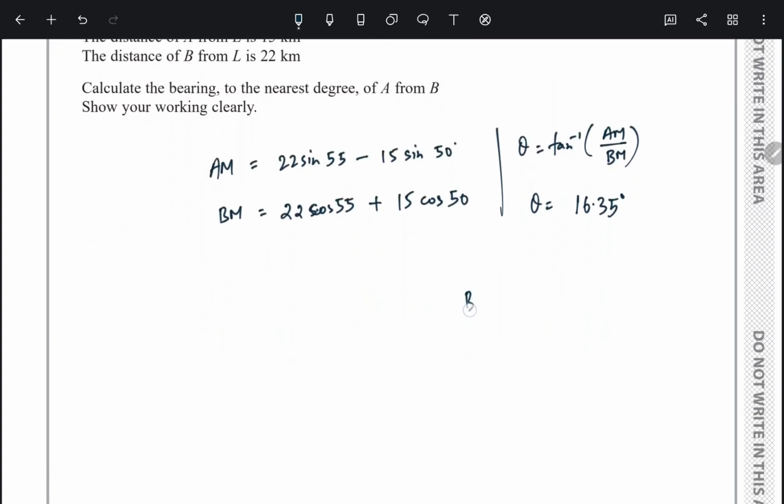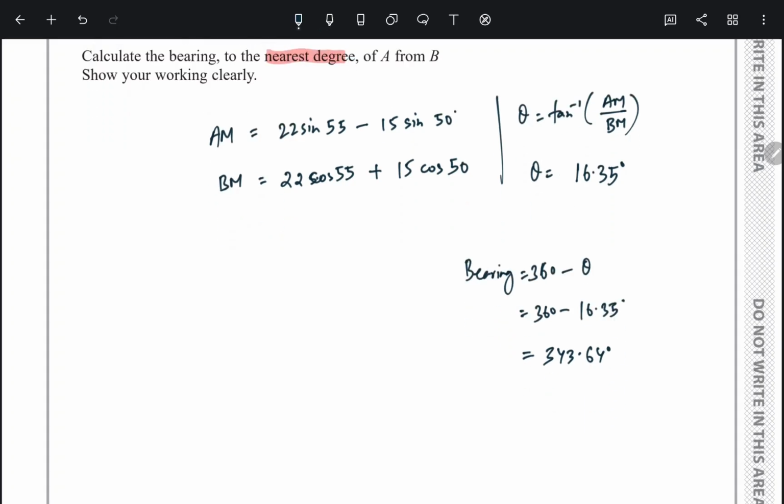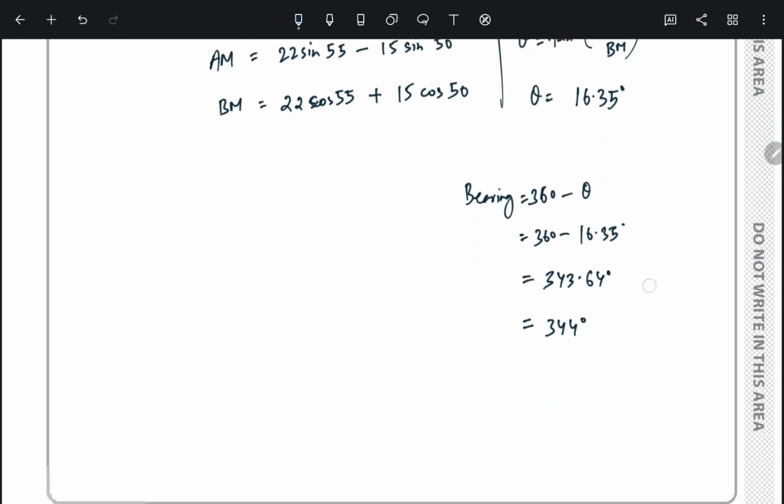So the bearing is going to be 360 minus theta, so 360 minus 16.35. So this is 343.64 degrees, and it asks you to give the bearing to the nearest degree. So that's going to be 344 degrees.